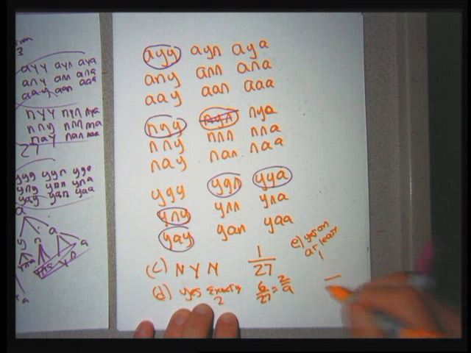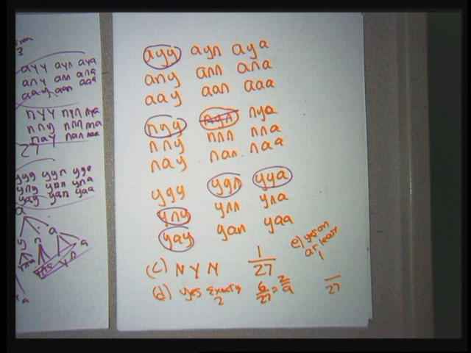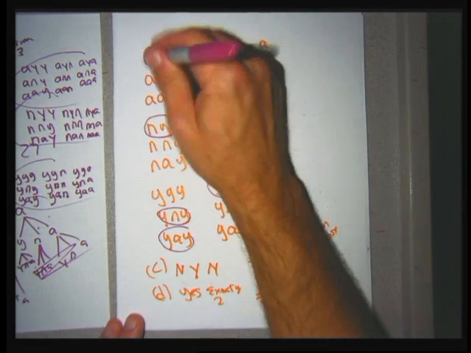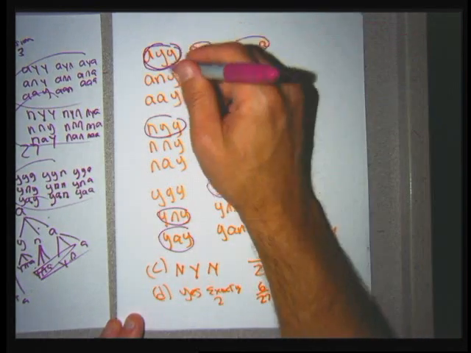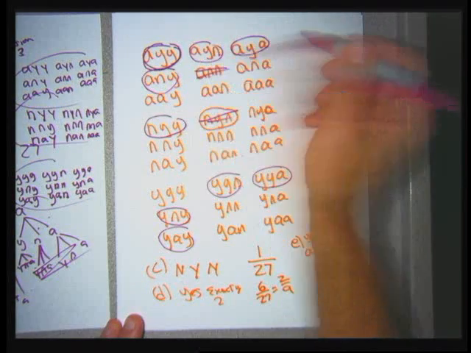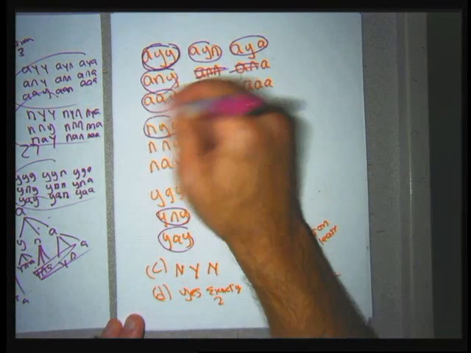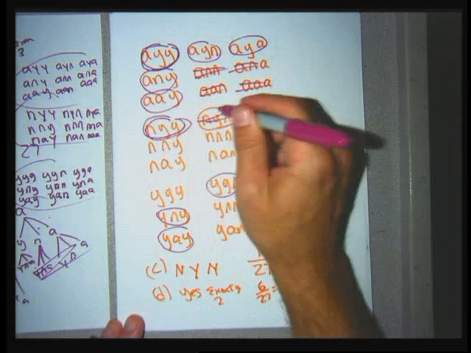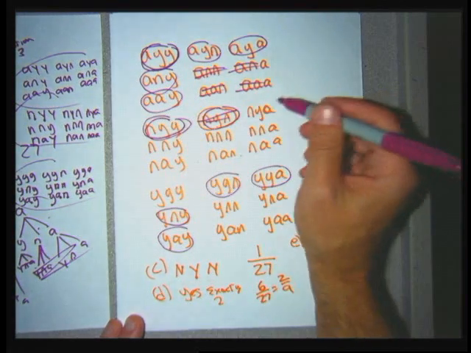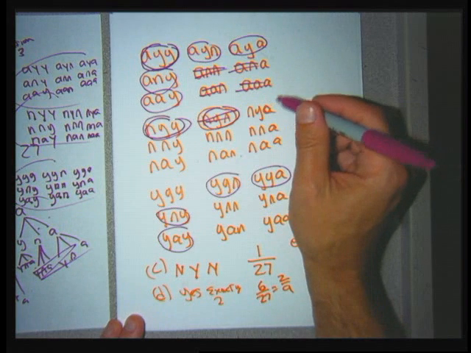The denominator is 27. The numerator is anyone that has a yes anywhere. So there's 1, 2, 3, 4, not counting that one, not counting that one, 5, not counting that one, 6, 7. As long as I have a yes, I'm counting them. Doesn't matter how many, at least just one.